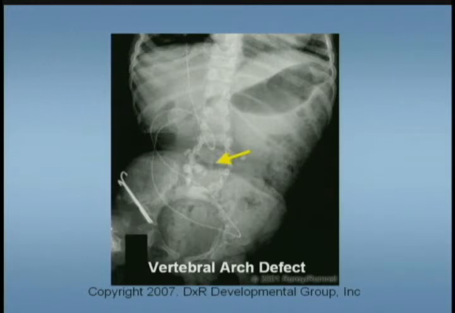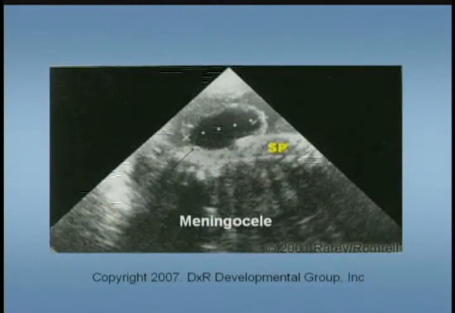Here is an x-ray. The arrow shows a defect in the vertebral arches, and that goes along with spina bifida. This is an ultrasound in utero, a fetal ultrasound, and you can see this area right here is the spine.